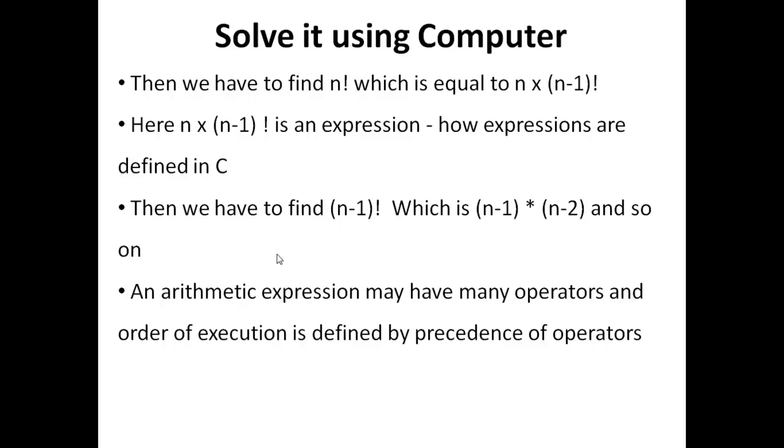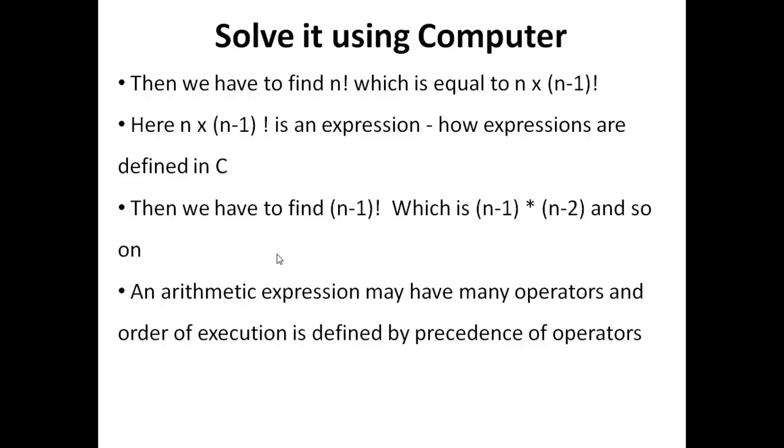So how do you solve it using a computer? We have to find n factorial, which is equal to n cross n minus 1 factorial, that we have already seen. Here n cross n minus 1 factorial is an expression.